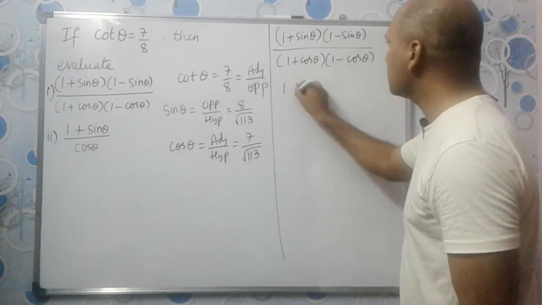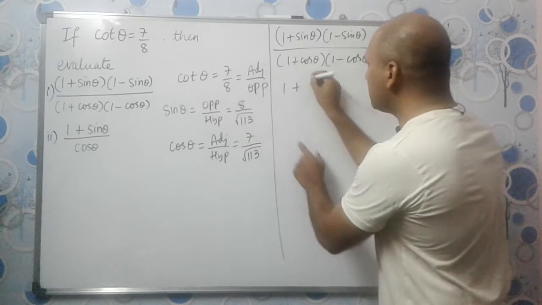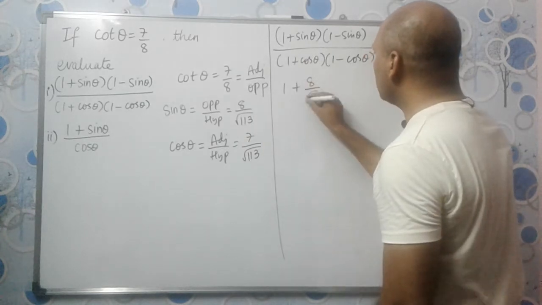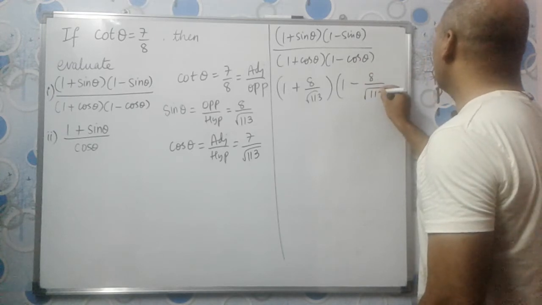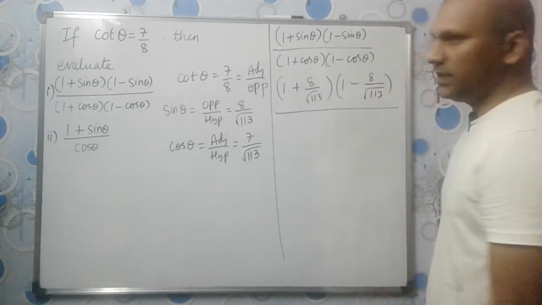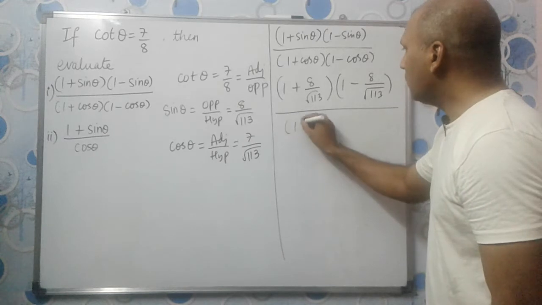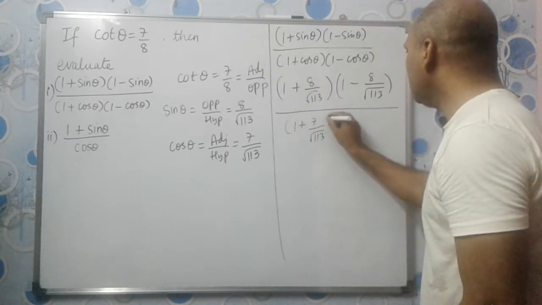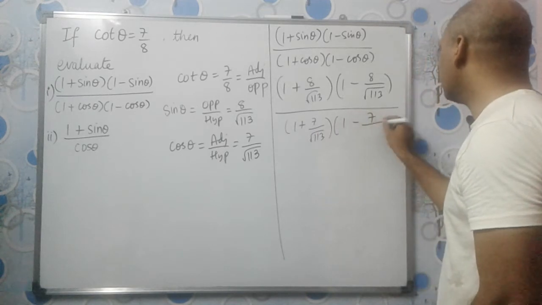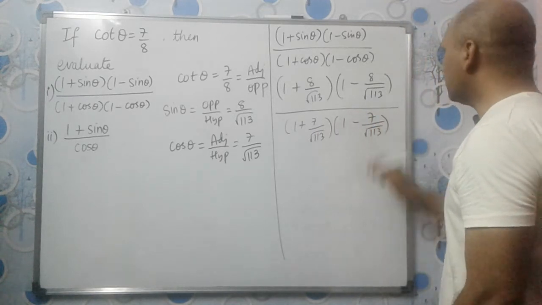Let us substitute the values. 1 plus sine is 8 by root 113, multiplied by 1 minus 8 by root 113, whole divided by 1 plus cos 7 by root 113 multiplied by 1 minus 7 by root 113.